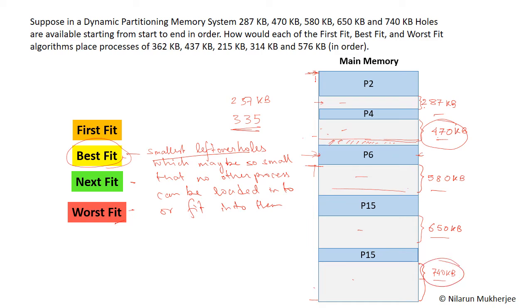So with worst fit, it will find that 740 is the largest hole available. So where the best fit will load it here, worst fit will load it here, and this will be the best fit.